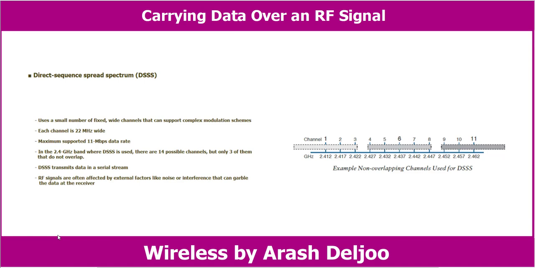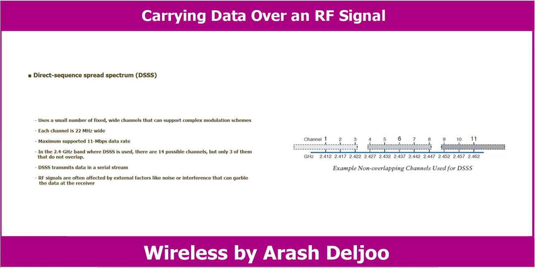In the 2.4 GHz band, where DSSS is used, there are 14 possible channels, but only 3 of them do not overlap. This figure shows how channels 1, 6, and 11 are normally used.